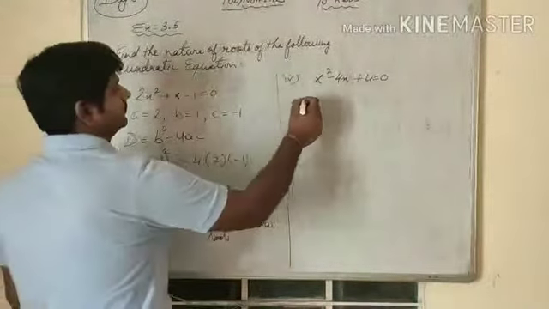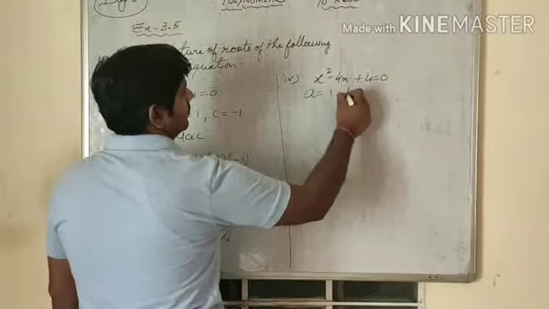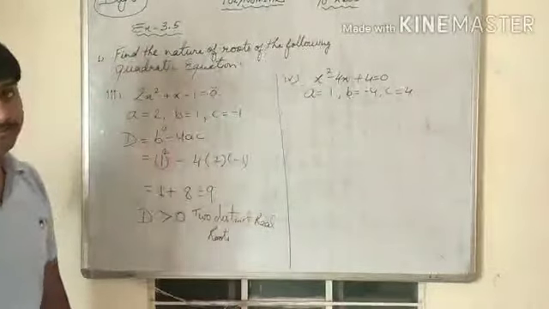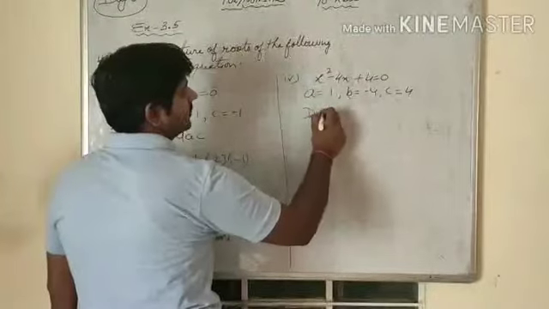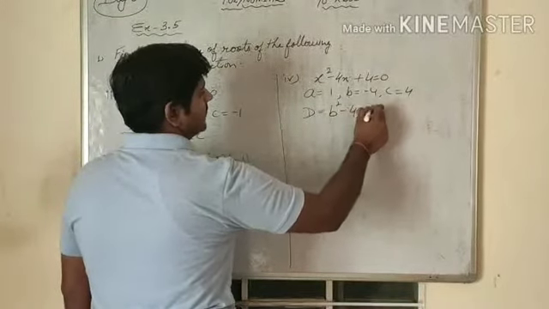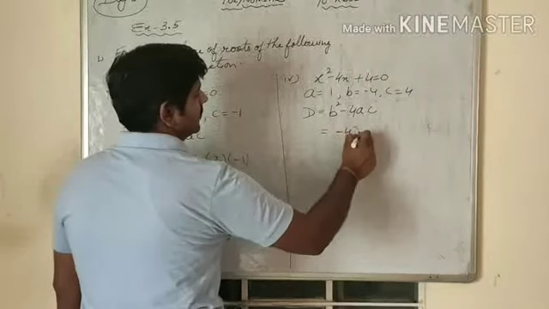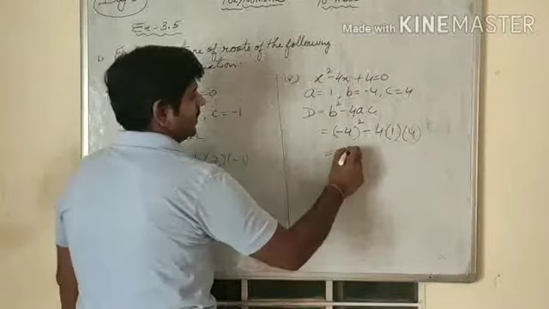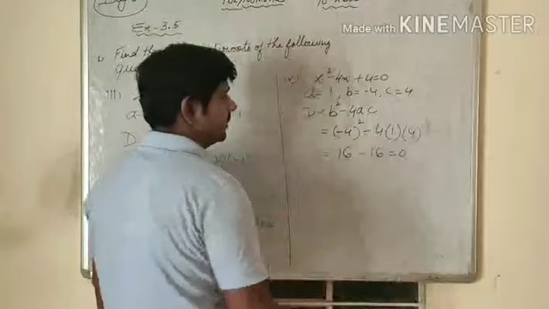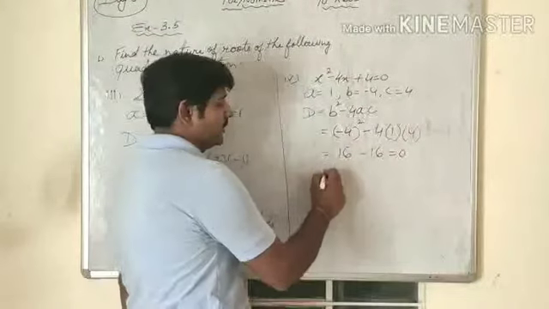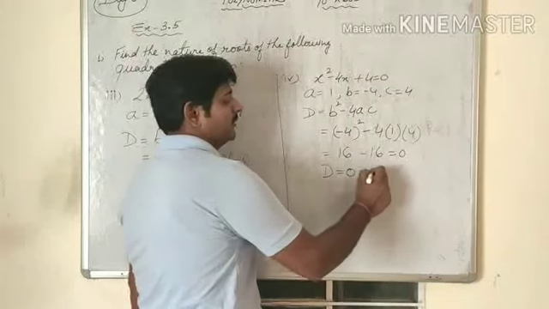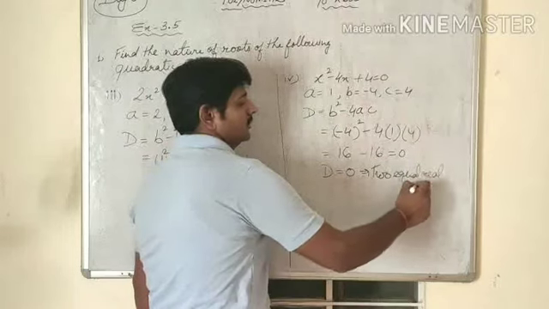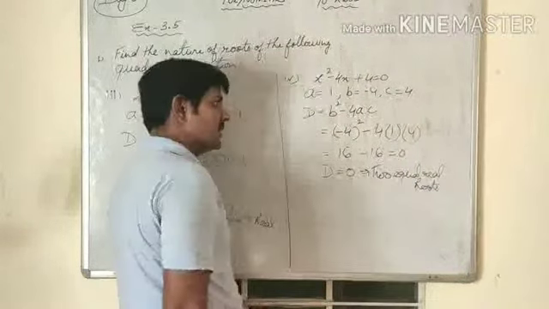A is 1, B is minus 4 and C is 4. D equals b square minus 4AC, so minus 4 square minus 4 into 1 into 4. It is 16, that is also 16, and we get 0. So finally the discriminant is 0. If 0, there will be two equal real roots. This is the answer.